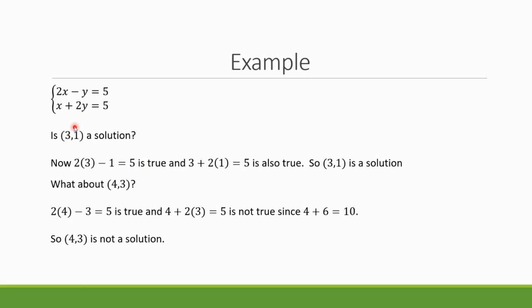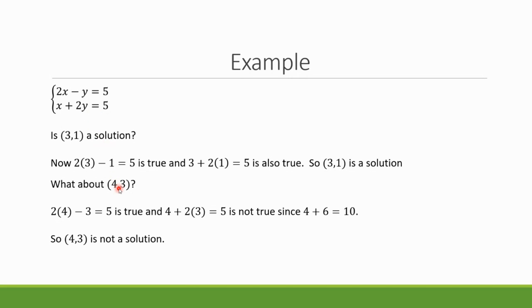What about the other equation? 3 plus 2 times 1. Is that equal to 5? Yeah, that's 3 plus 2, which is 5. So this is a solution to both equations. It satisfies both equations. That's great. Because of that, this is a solution to the system.